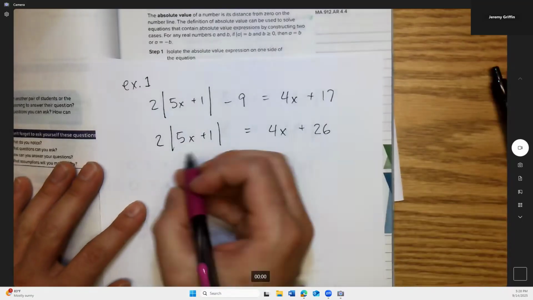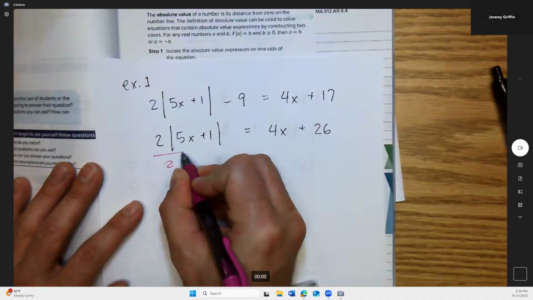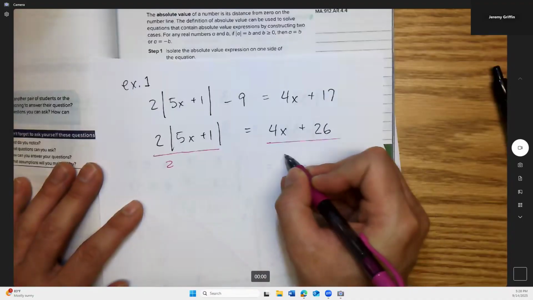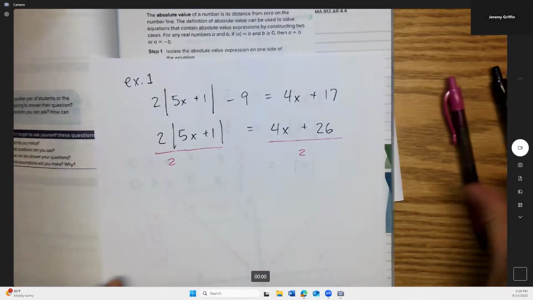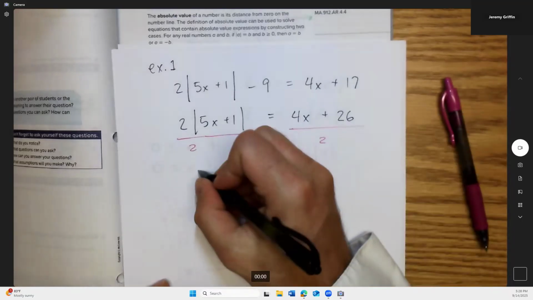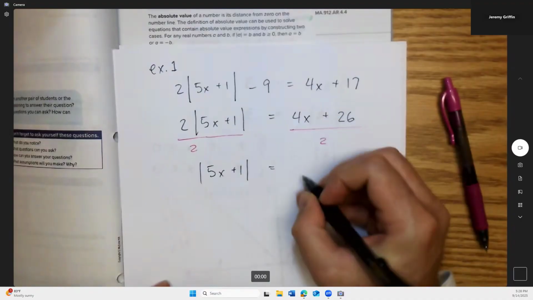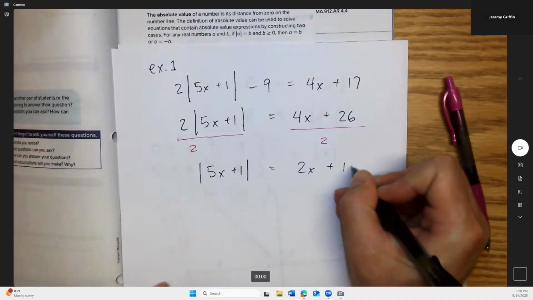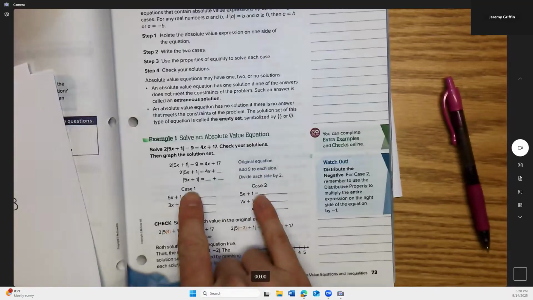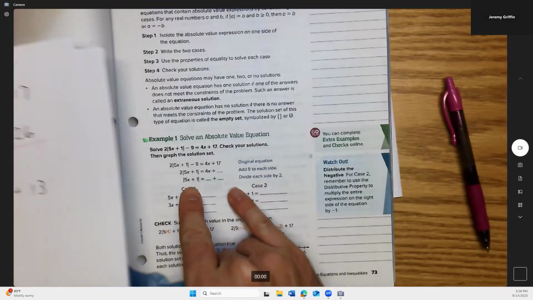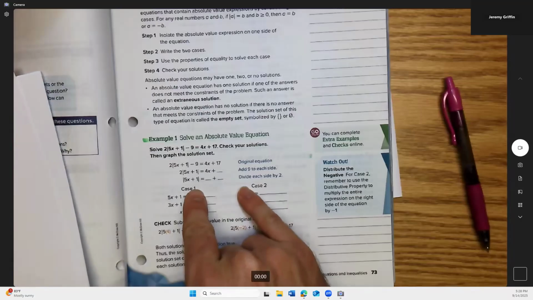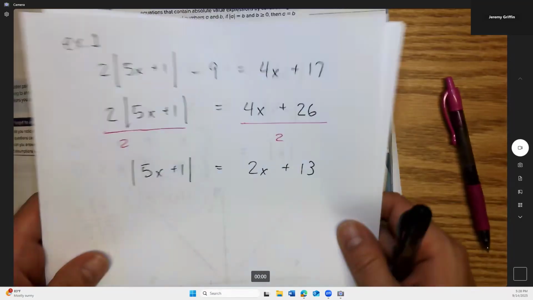Divide this side by 2, divide this side by 2, and each coefficient divided by 2. So it could go: absolute value of 5x plus 1 equals 2x plus 13. There are some blanks in your book, but it looks like the format they're going for.